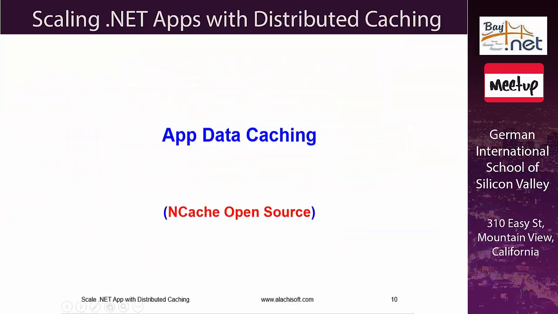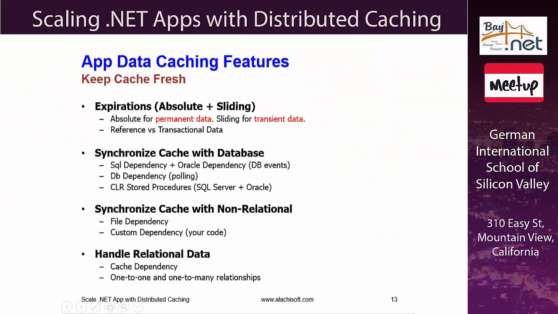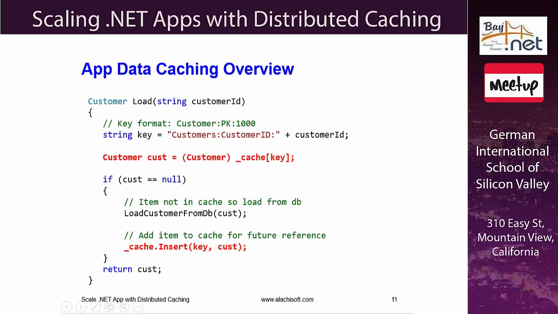NCache goes and removes that cache item from the cache. Why does it remove? Because if it's not in the cache, it can't be stale. The next time the application looks for it, guess what the application is going to do? If the item is not there, if it's null, it's going to go to the database. So by going to the database, it's going to force itself to get the most recent copy.